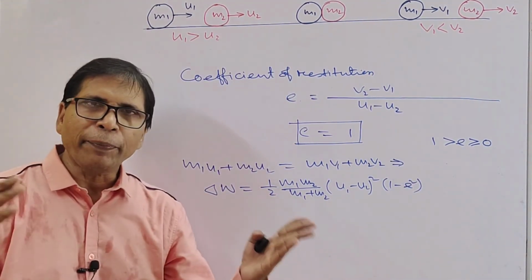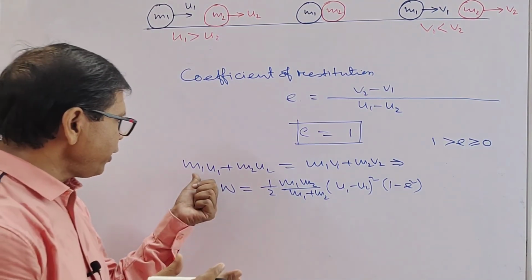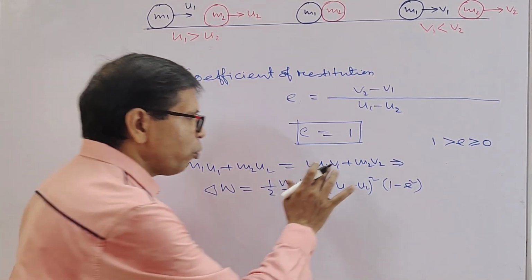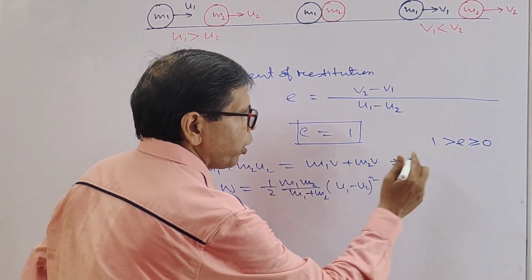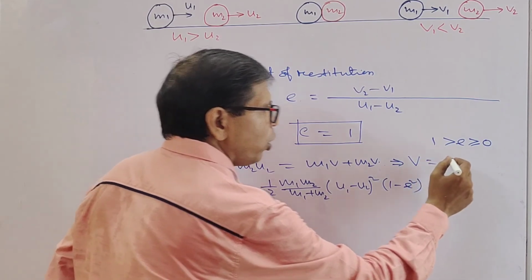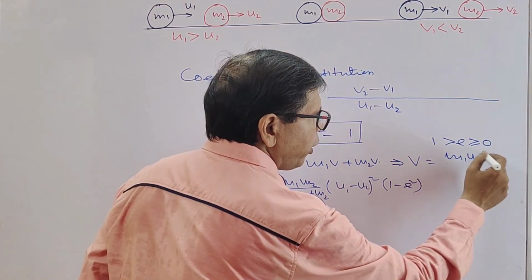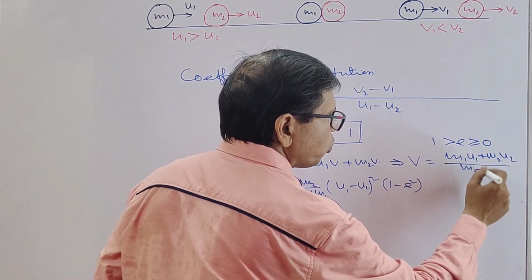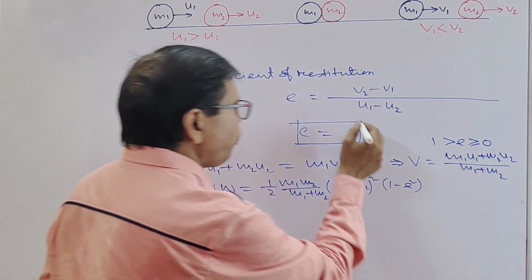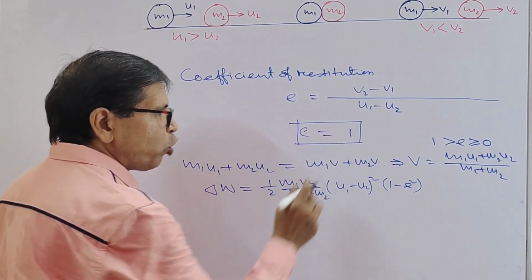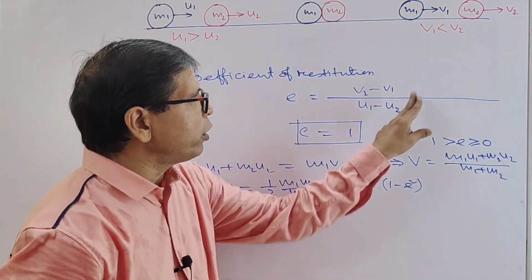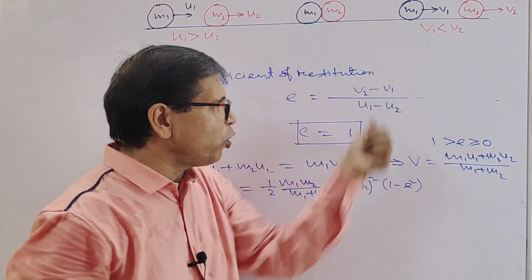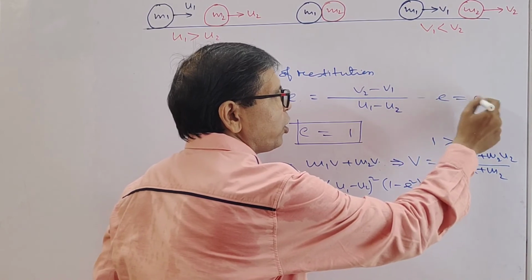So in case of perfectly inelastic collision, initial momentum m1 u1 plus m2 u2 equals m1 v plus m2 v. So v becomes m1 u1 plus m2 u2 divided by m1 plus m2. Now the coefficient of restitution: here v1 equals v2, so the numerator is 0, so e equals 0.